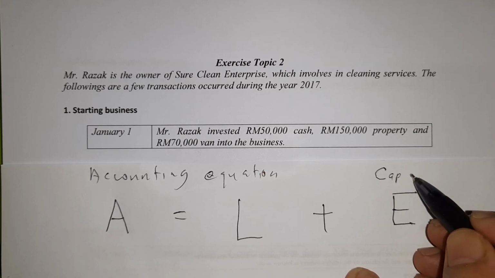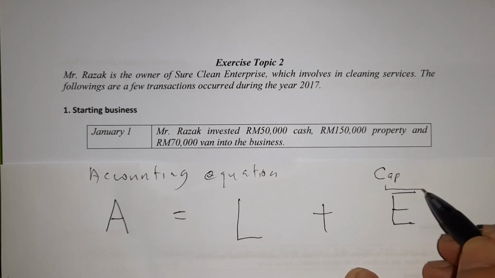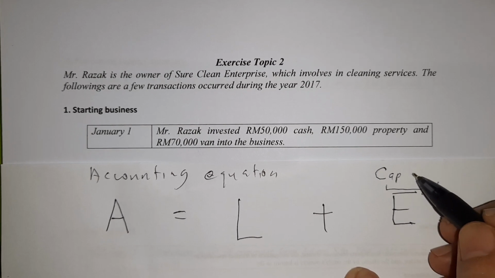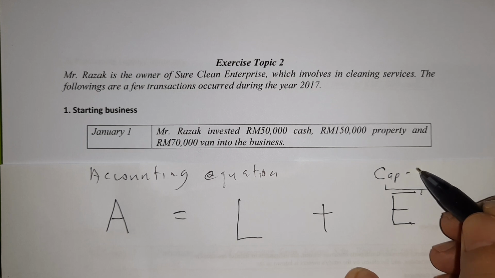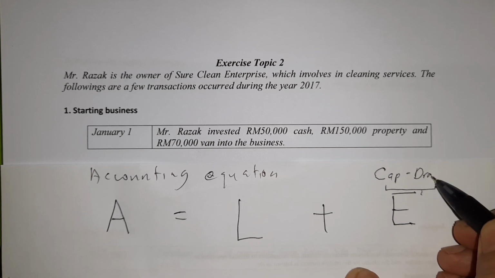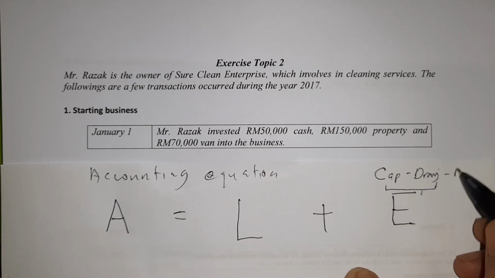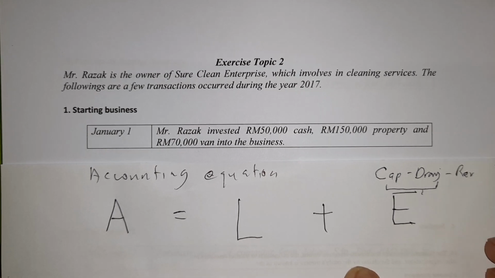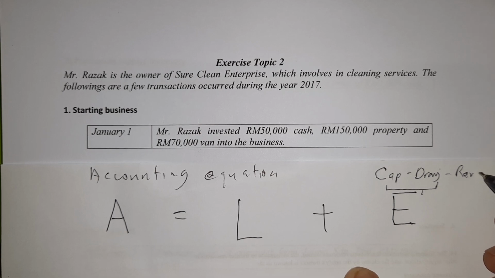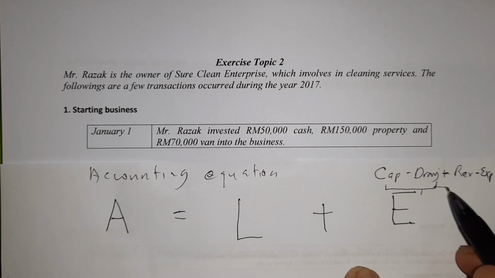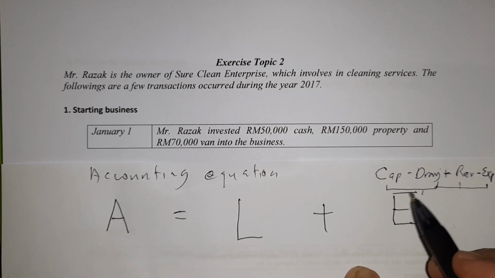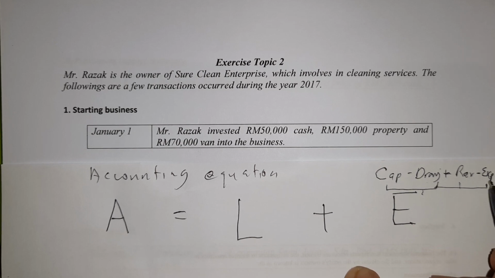The second is the drawing. Number 3 is revenue. And the last one is the expenses. Always remember, equity is related to 4 accounts: capital, drawing, revenue, and expenses.